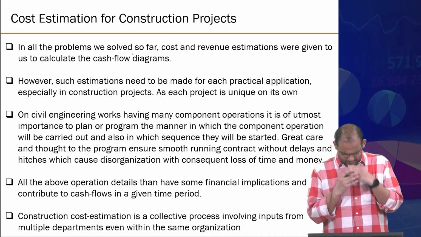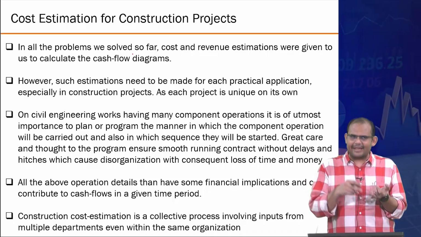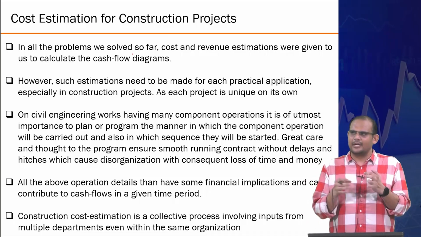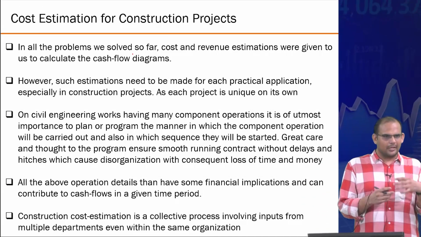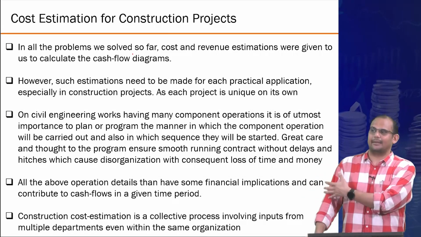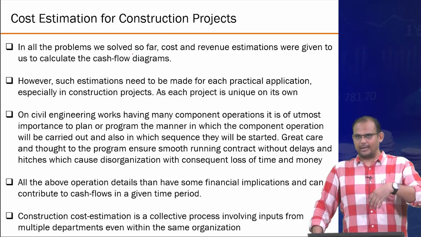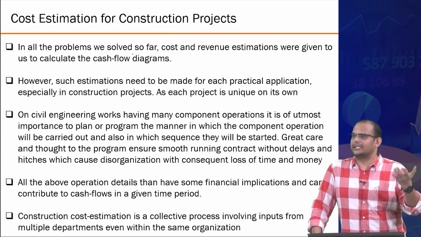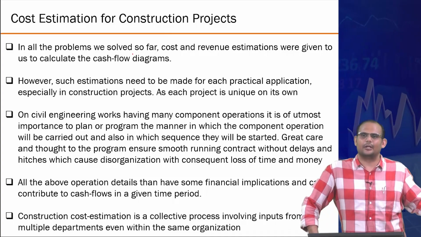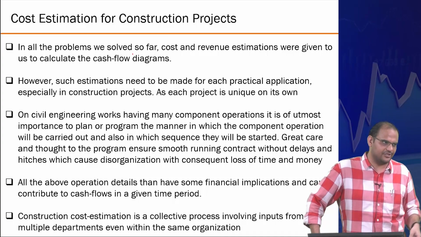Because no matter what you do, every civil engineering project has uniqueness. No one metro railway is the same as another metro railway. For example, the number of curves in a metro railway would be different, even if the length is 10 kilometers in Delhi versus 10 kilometers in Bangalore or 10 kilometers in Chennai, right?